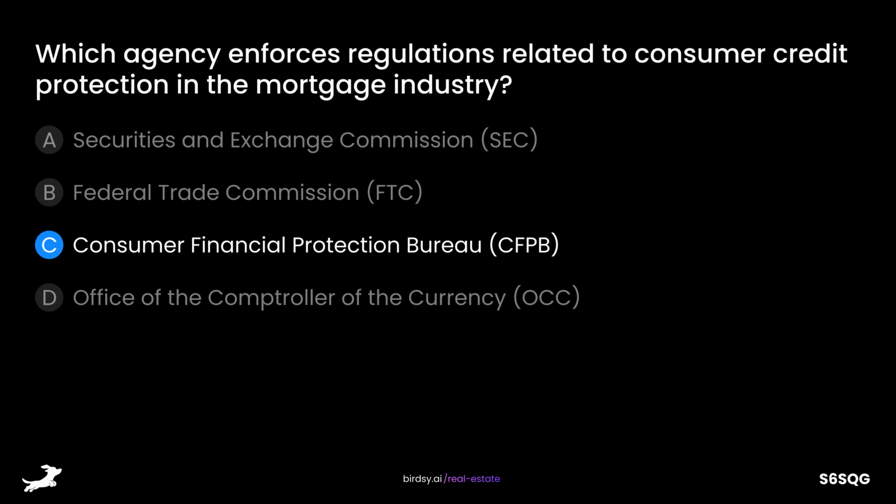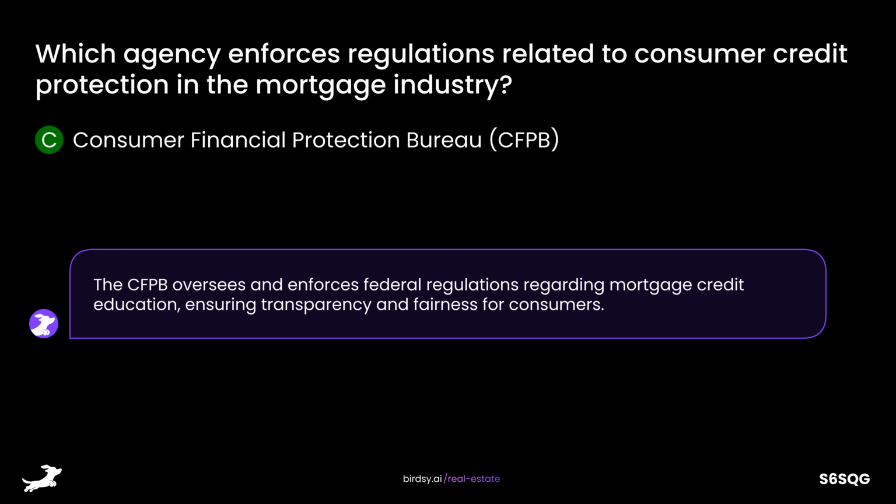C, Consumer Financial Protection Bureau? Or D, Office of the Comptroller of the Currency? The answer is C, Consumer Financial Protection Bureau. The CFPB oversees and enforces federal regulations regarding mortgage credit education, ensuring transparency and fairness for consumers.